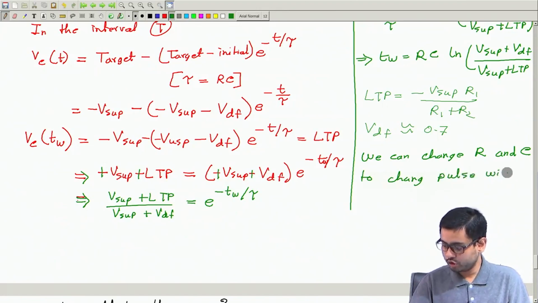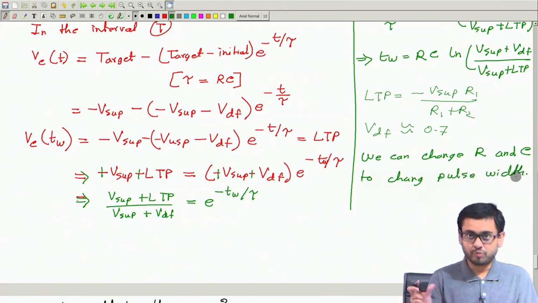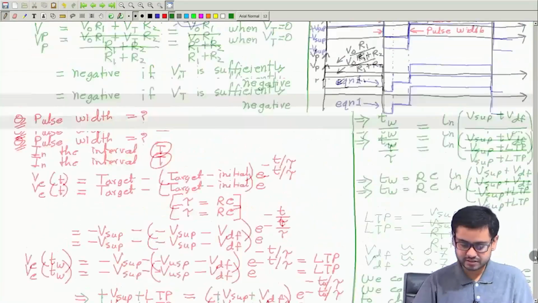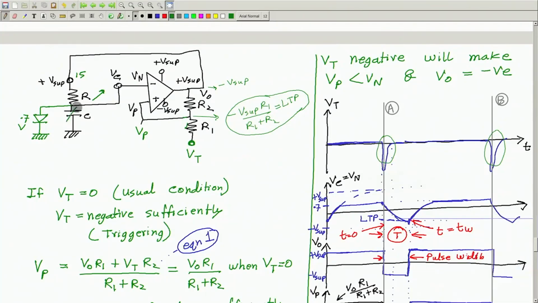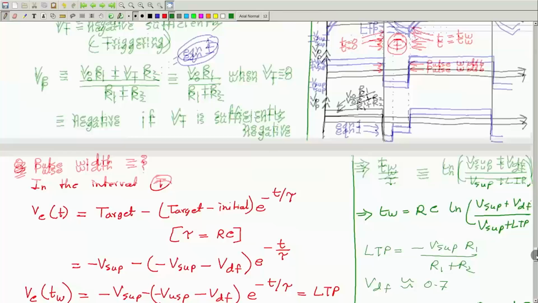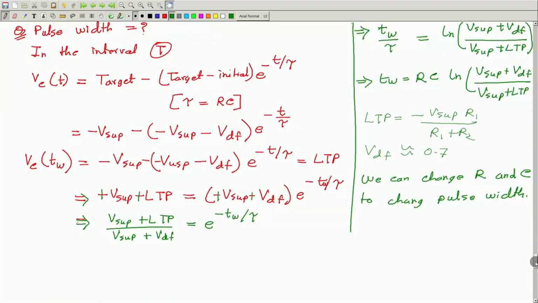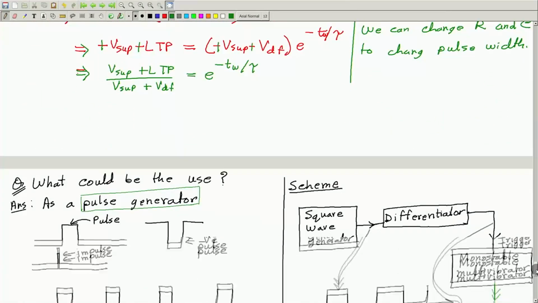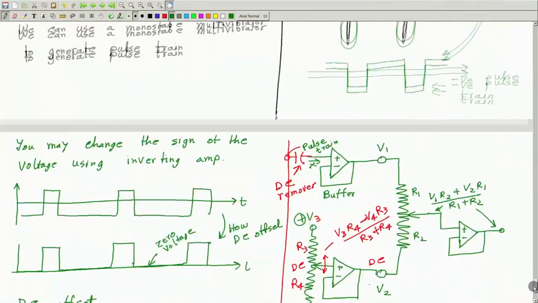If we want to control the pulse width, make it small or large, we can change this capacitance. You can make this variable, and then that will give you a variable pulse width generator.